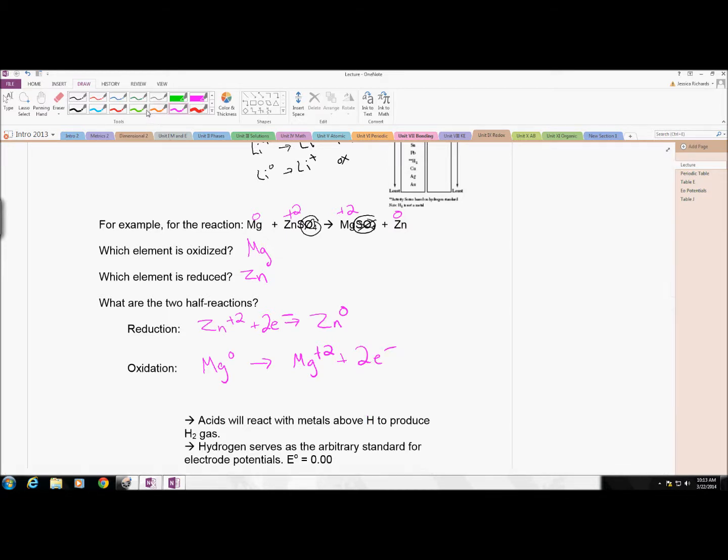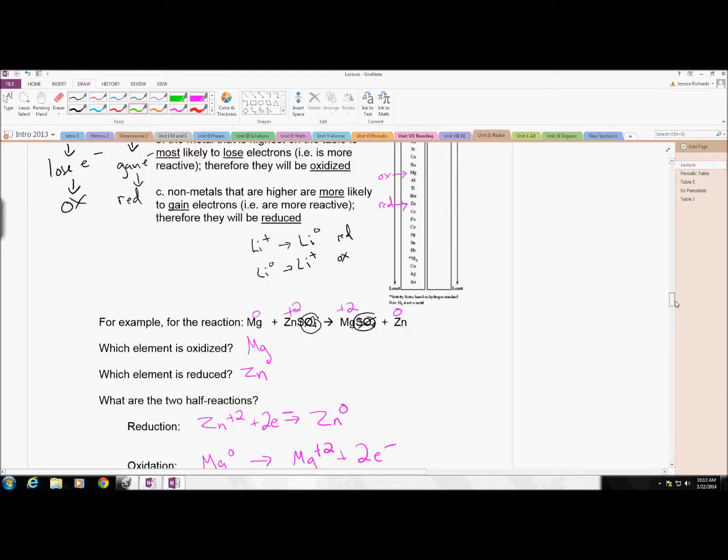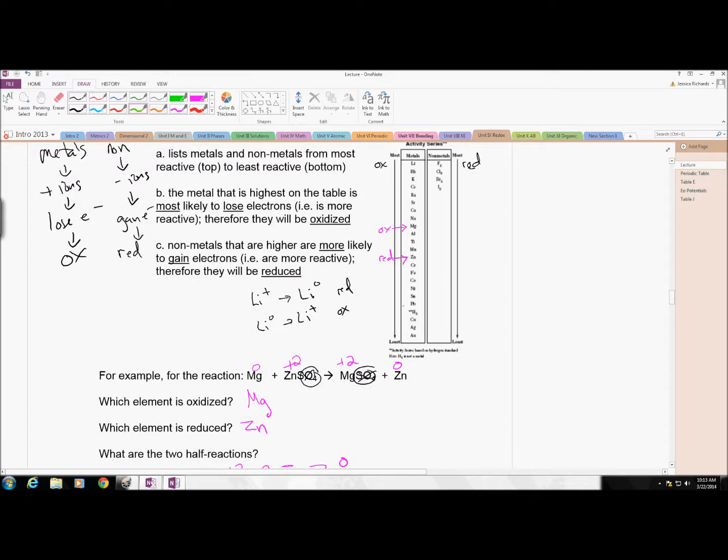The really important thing with table J that they ask quite often, if you look at table J, you'll see that they have hydrogen on here. So here's hydrogen on table J. When we have acids, they all contain H+ ions, and when the H+ gets reduced, it's going to make pure hydrogen gas.